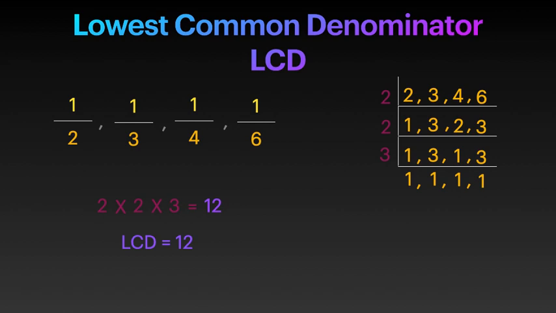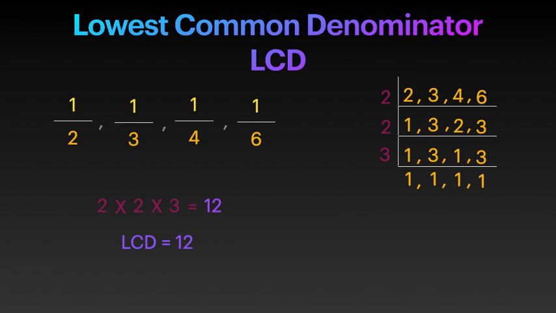Now our first number is 1. As it is not going to divide any longer, we write down 1 below 1. Our next number is 3. As 3 is not divisible by 2, we write down 3 below 3.